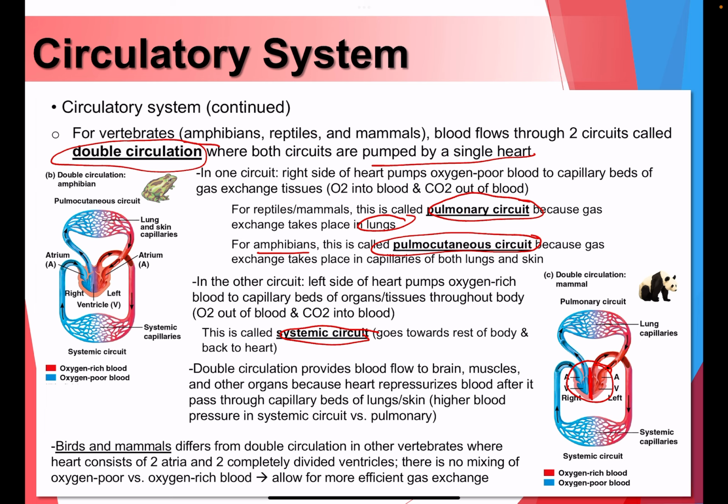Now, because of that, there is something that we can't do, which is dive underwater for a long time. Amphibians and some reptiles have this type of double circulatory system where they can easily shunt blood away from the lungs and rely on other things for getting oxygen temporarily.